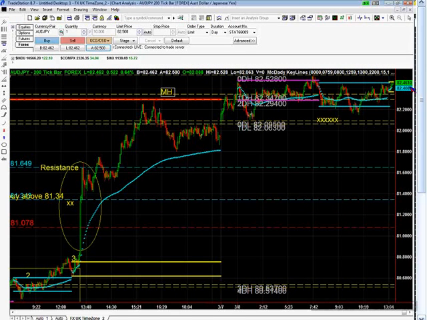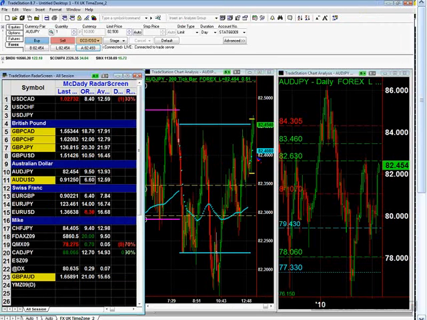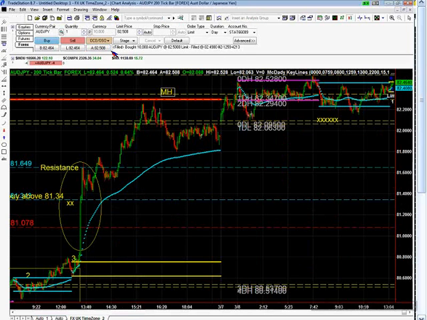And right here, if it pushes above my range, and I want to see what the range is here in Tokyo in the Aussie yen, it also is a good range. The Aussie dollar is also good. So in this case, I want to be a buyer of the Aussie yen.